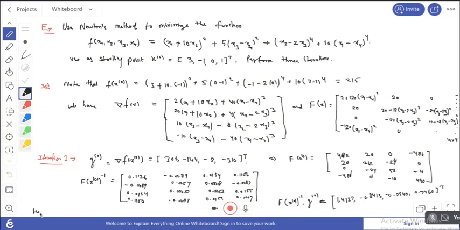So the point x1, by the formula of Newton's method, is x0 minus the inverse of this Hessian matrix multiplied by the gradient, which is g0. Okay, so this is x0. X0 is given here, and this product you calculated here.